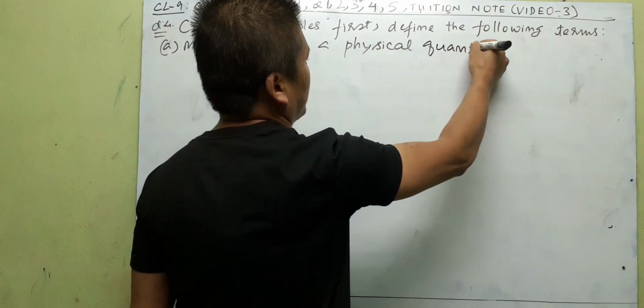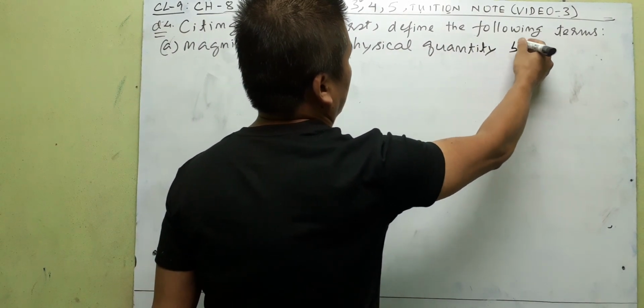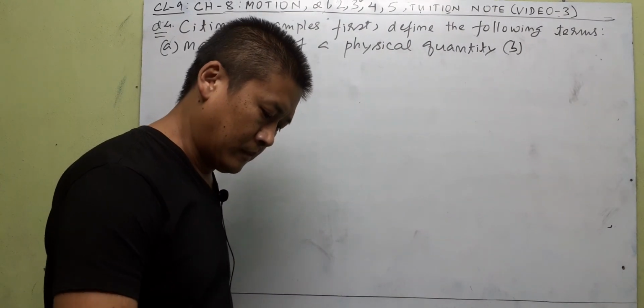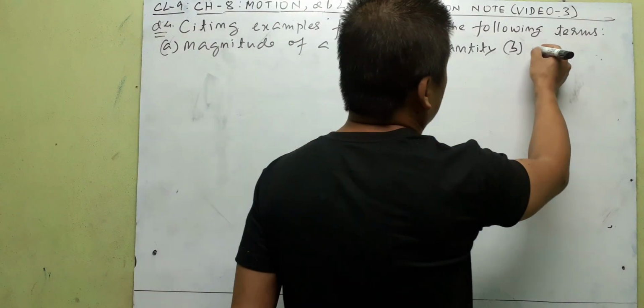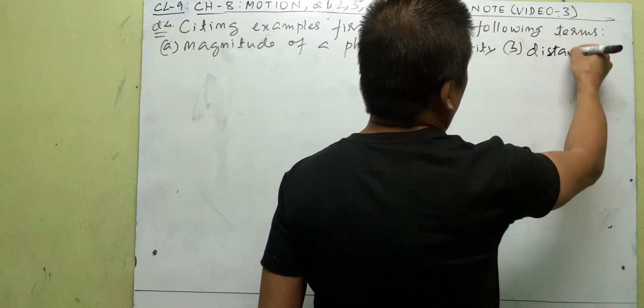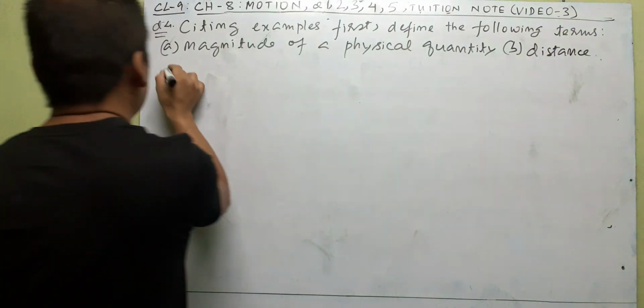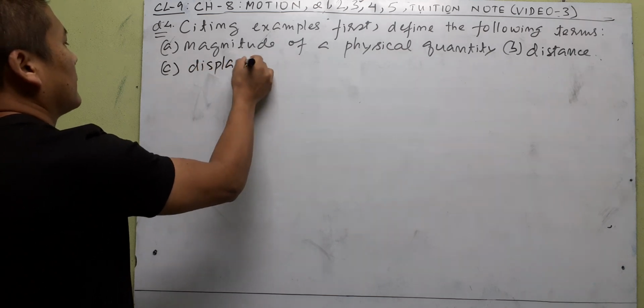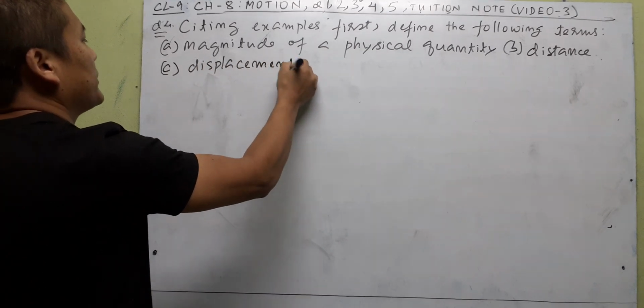What is magnitude? We're going to discuss that. Then B is distance. Okay, distance. And then C is going to be displacement. So let us see these three terms today.